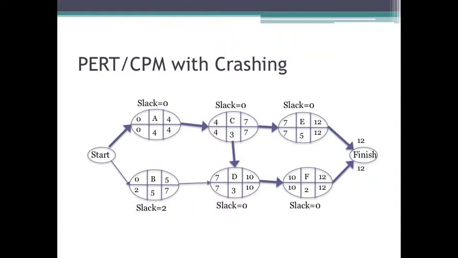Now, here's the thing. If we crash only one of these critical paths, it doesn't help us. The reason why is because if we crash A, C, D, F, if we crash D or crash F and that's it, that doesn't help the other critical path. The other critical path will still take 12 weeks.